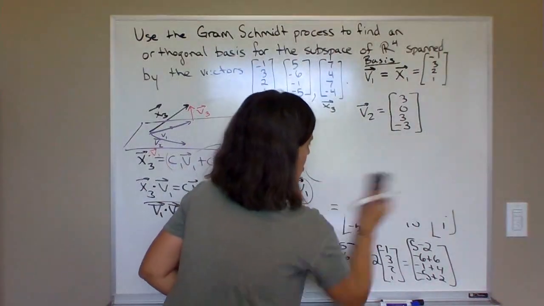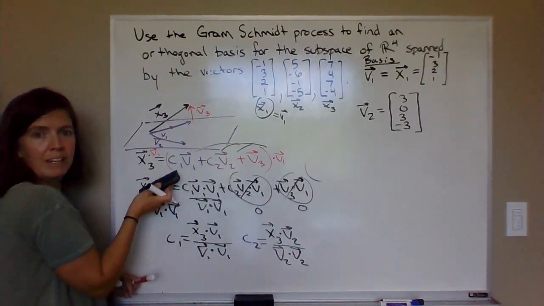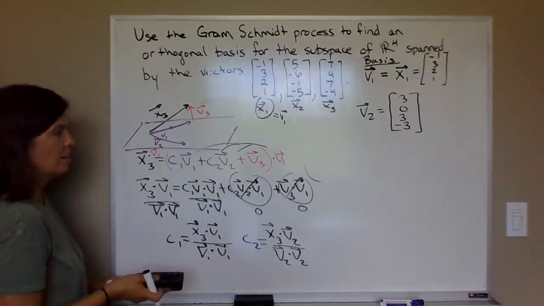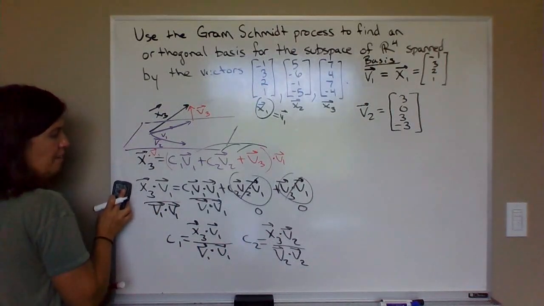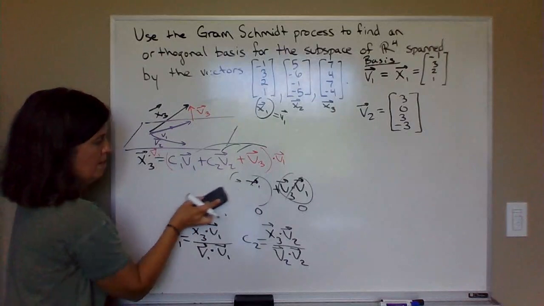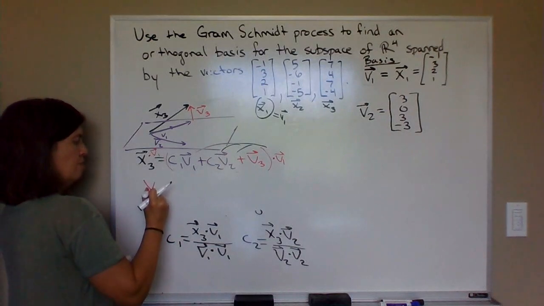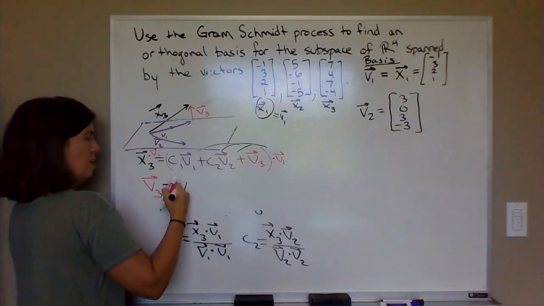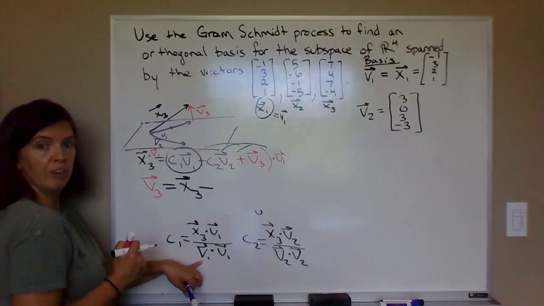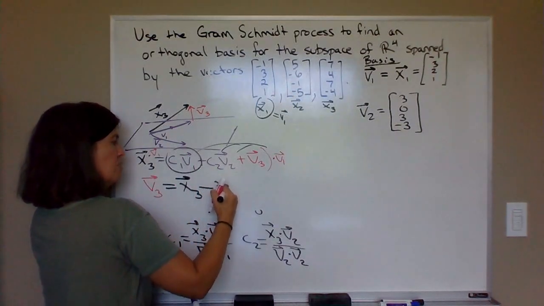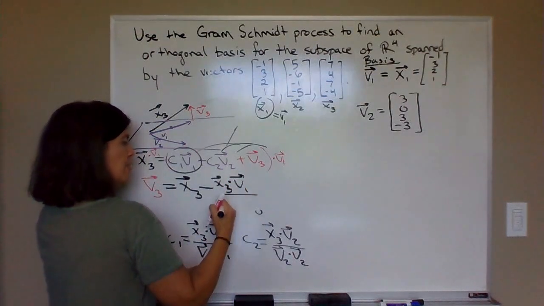And so then we can find V3 by subtracting the C1 V1 and the C2 V2 from both sides. And so you end up with, okay, I'll keep this. We end up with this vector V3 is equal to x3 minus this multiple of V1, which is this, here's your C1. So minus x3 dot V1 over V1 dot V1.